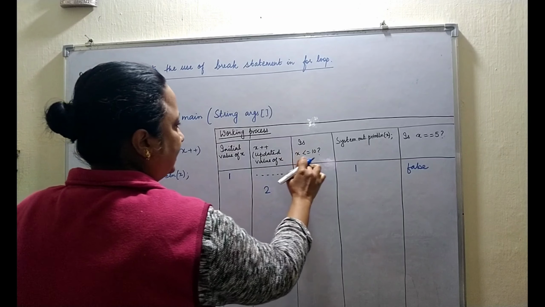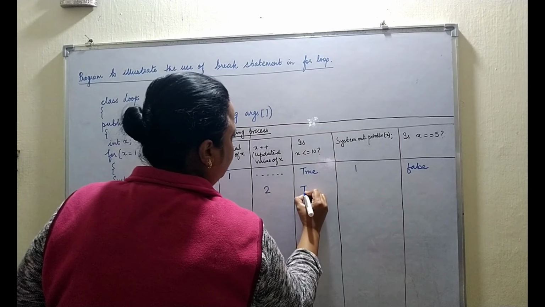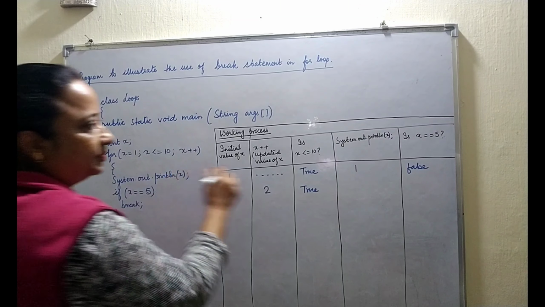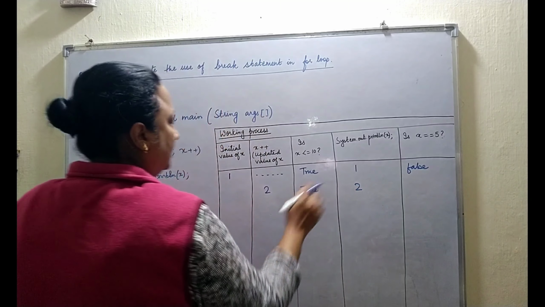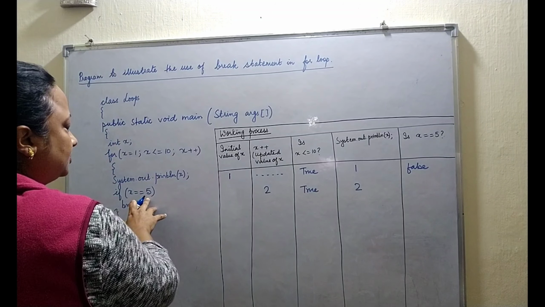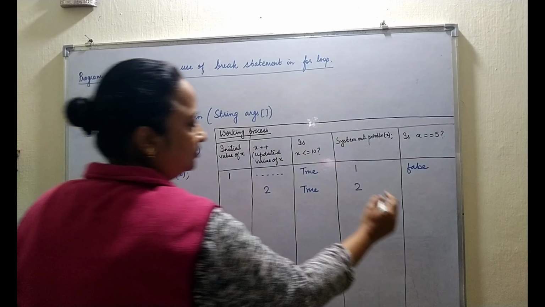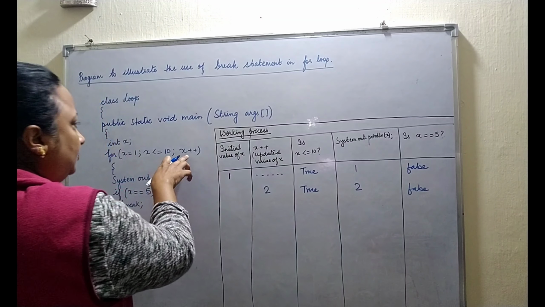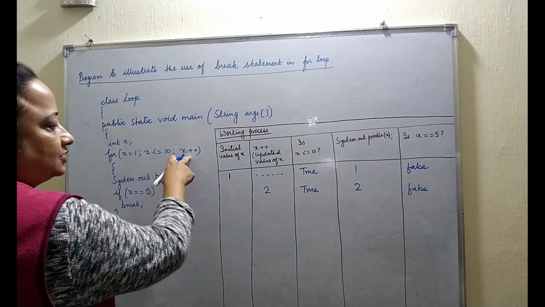Now, is x less than or equal to 10? It is true. Now it will print the value of x, which is 2. Next line, if x equals 5, x is not equal to 5, so this is false. Again the value of x will be updated.